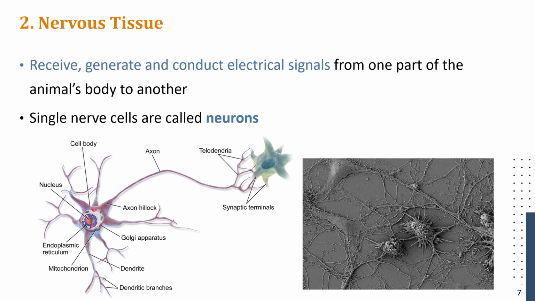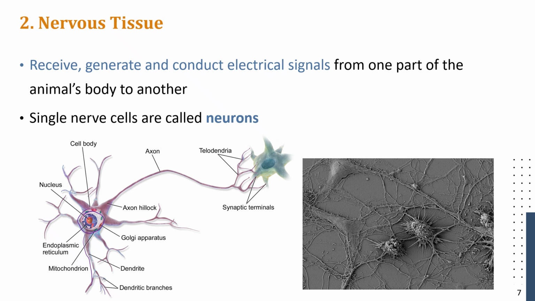So a single nerve cell is called a neuron, and we'll look at this in a little bit more detail in our lab. But in the center of the neuron, there is a nucleus, and then all of our cell structures. Coming out from that are structures called dendrites.